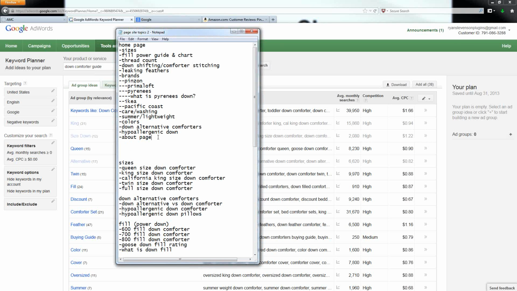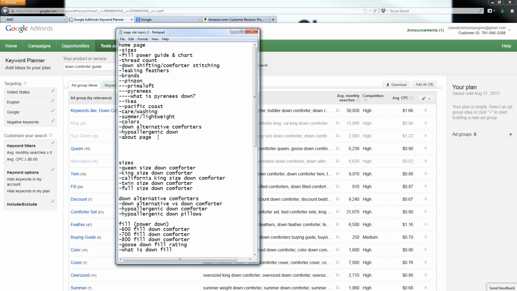So at this point, once I know what I'm actually going to be targeting on my website, I need to find out a little bit more about all this stuff. Unless you happen to already know about your niche and the products that you're trying to target on this website, then you're going to need to do some extra research.